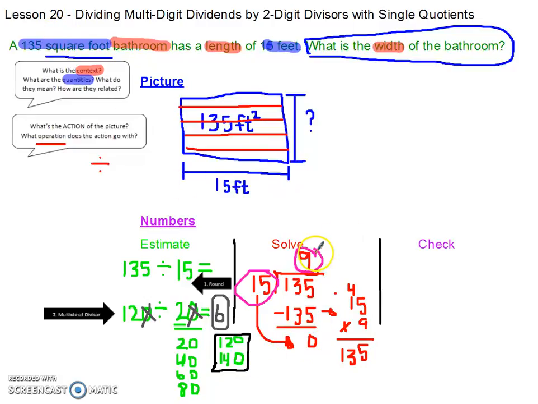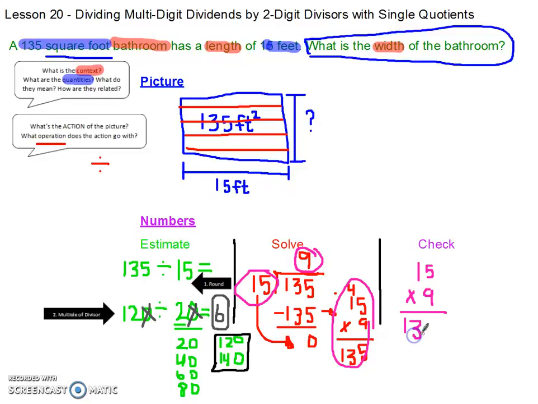So to check my answer, I'm going to be multiplying the quotient of 9 by the divisor of 15. So I have 15 times 9, which I've already done over here, so I already know the answer, which is 135.